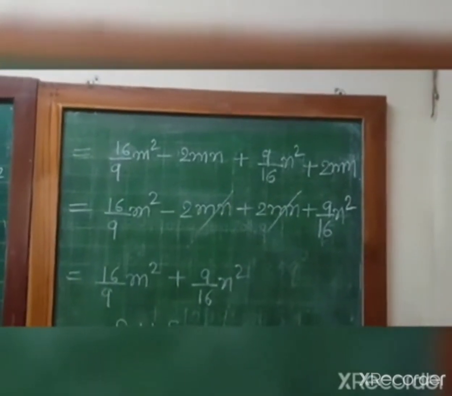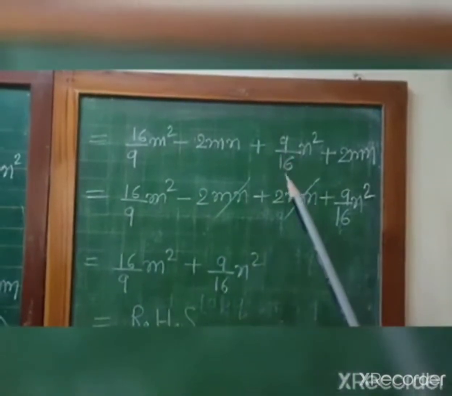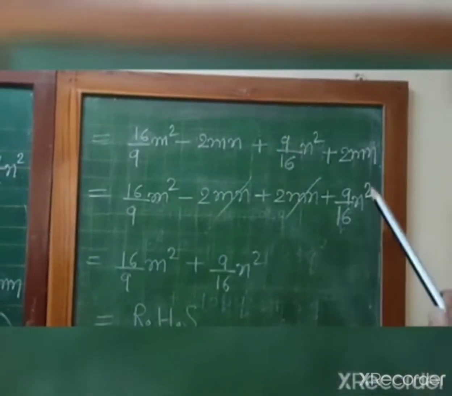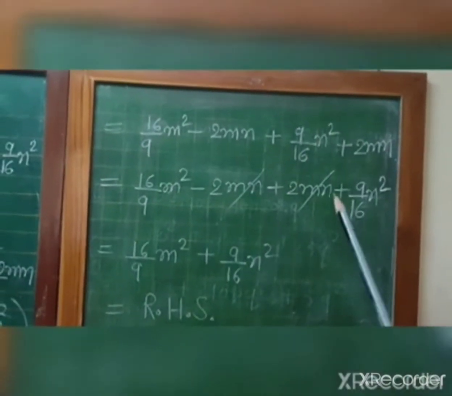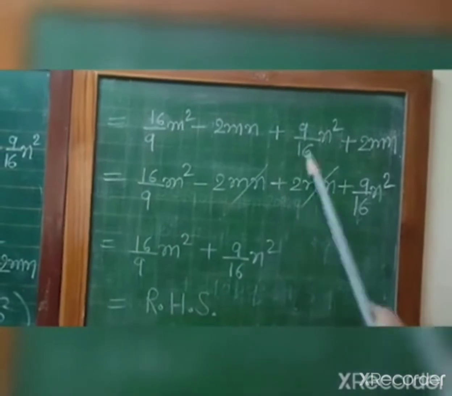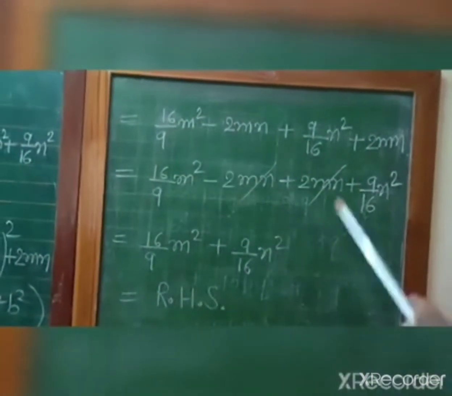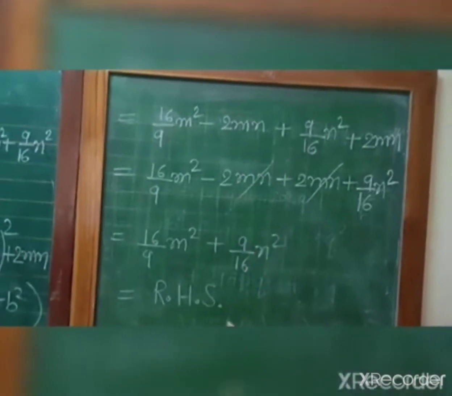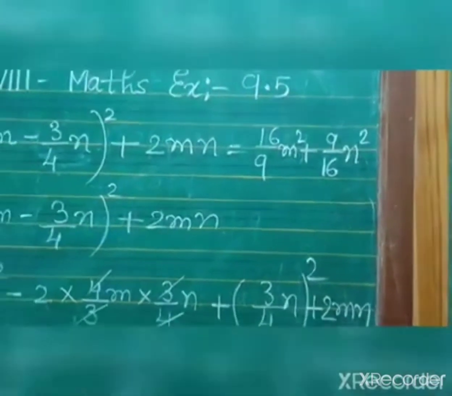Now like terms we will arrange. 16 upon 9 m square minus 2mn plus 2mn plus 9 upon 16 n square. Minus 2mn plus 2mn, same terms with opposite sign we can cancel. So 16 upon 9 m square plus 9 upon 16 n square. It is our RHS. So you can see here. Clear?